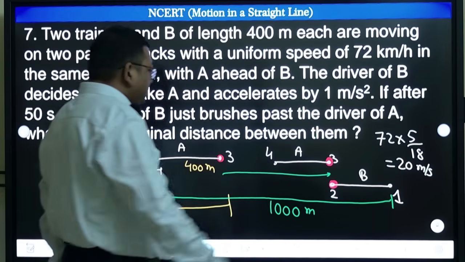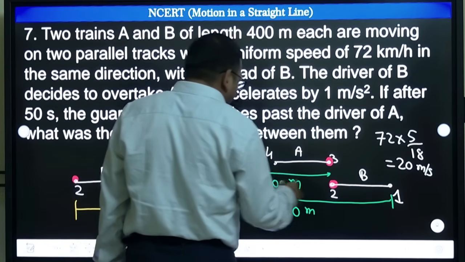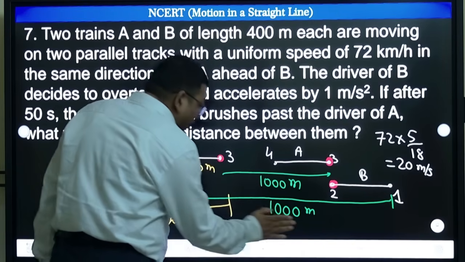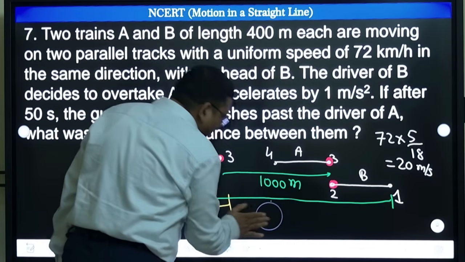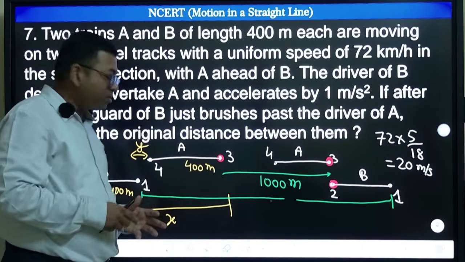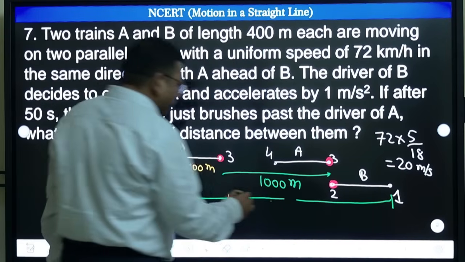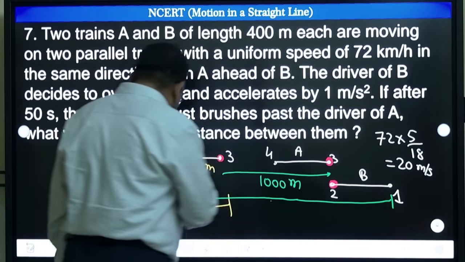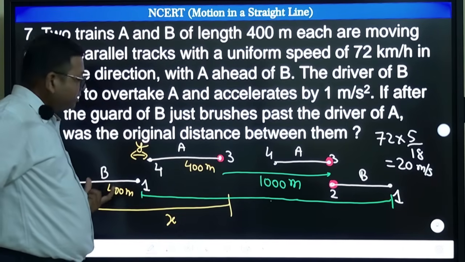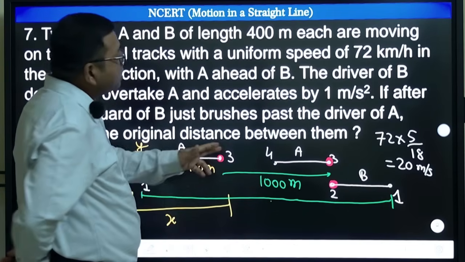So first this will be 1000 meters, because it is going with a constant speed. This one is under acceleration. So what will this distance be? You have to apply s equals ut plus half at square. What is the initial speed? Apply ut plus half at square, because this is under acceleration, right? This is overtaking it, correct? So u was how much? 20.